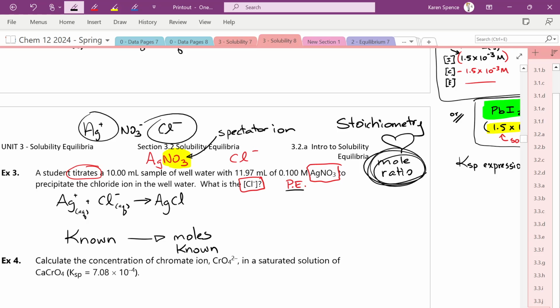Now, a mole ratio is a ratio because you've got moles and you have moles. So the middle step is always moles to moles. Stoichiometry, always moles to moles. And what will we be finding here? Moles of the unknown.